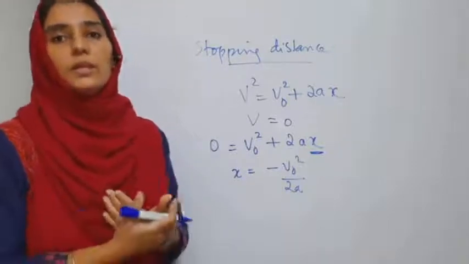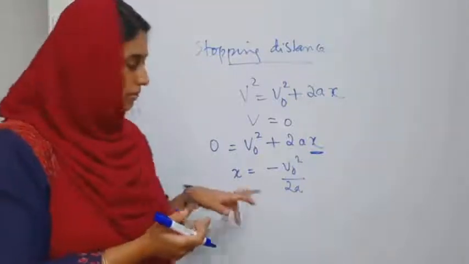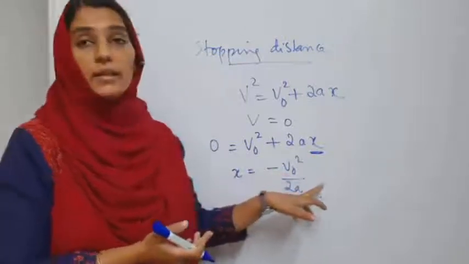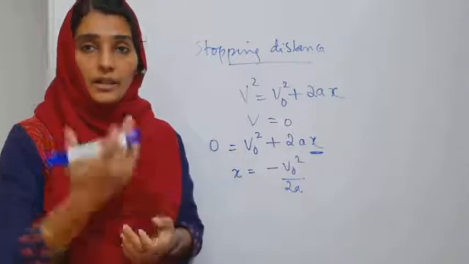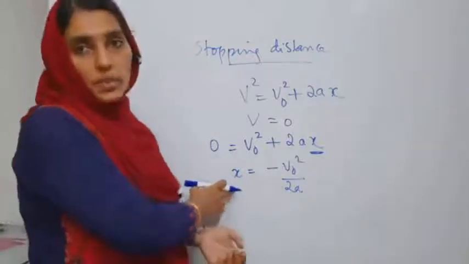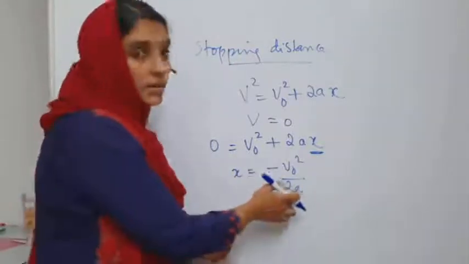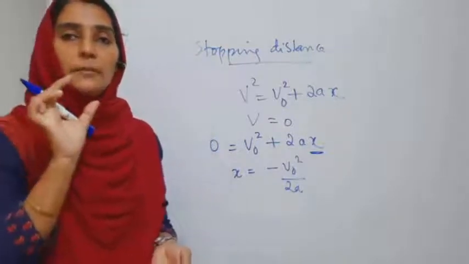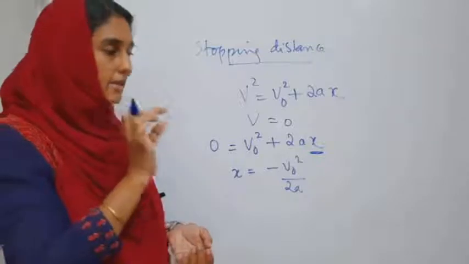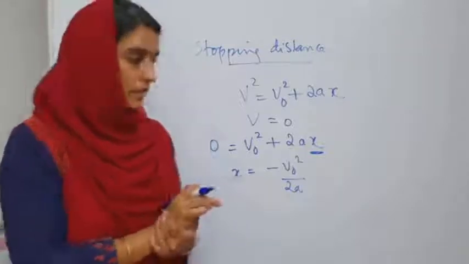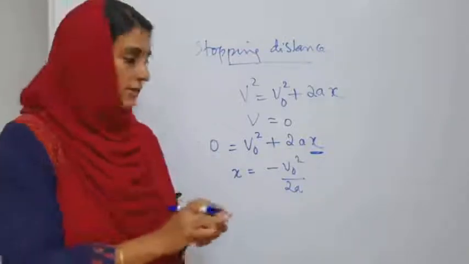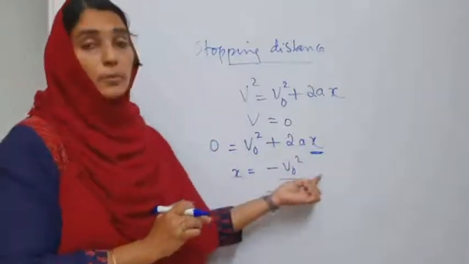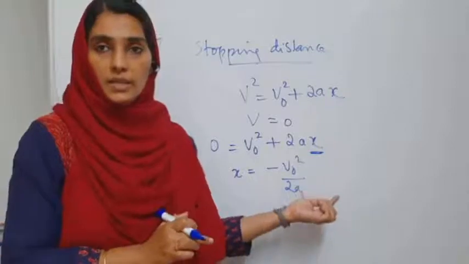So the higher the initial velocity, the larger the stopping distance, for a constant retardation. Here a is the retardation, or the acceleration with which the body comes to a stop, and it depends upon the vehicle. You can see that it is proportional to the square of the initial velocity.